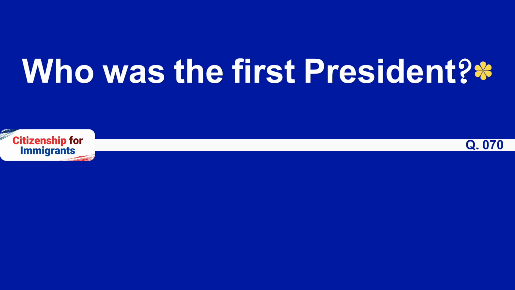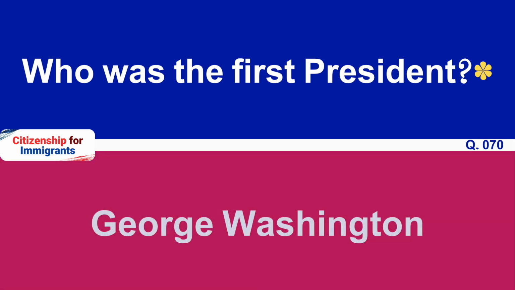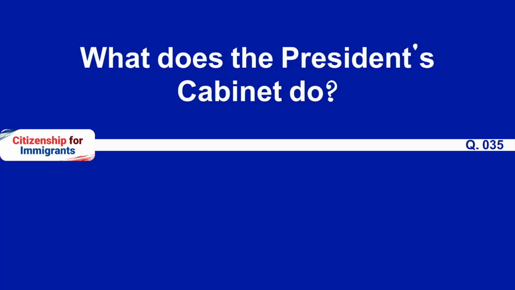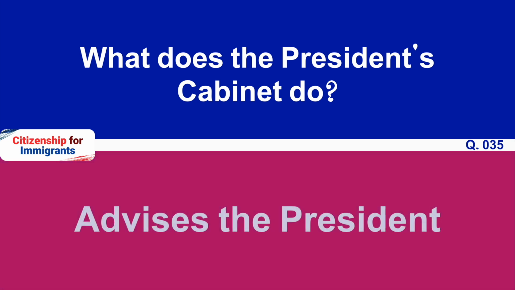Who was the first president? George Washington. What does the President's Cabinet do? Advises the President.